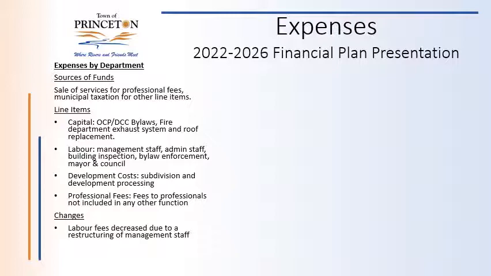This is an example of the general government slide, so I'll explain how each one of these is set up. The sources of funds describe where the money comes from to fund each one of the departments. Some are done more by sales and service, some are done by taxation, some are done by grant funding. They're all listed there as to where the source of funds are coming from.